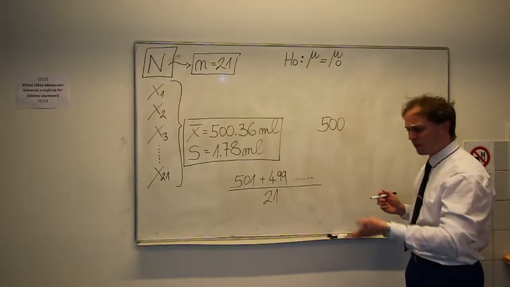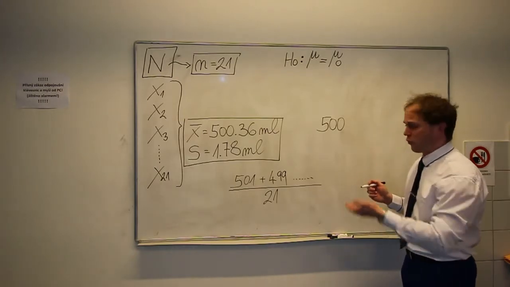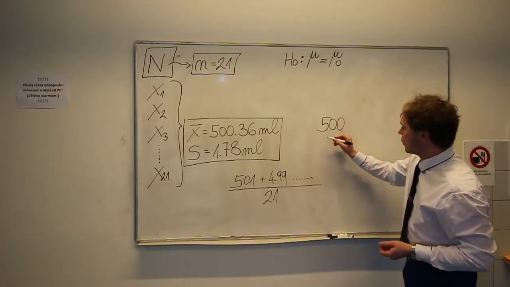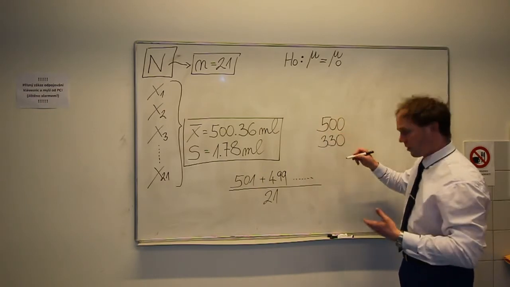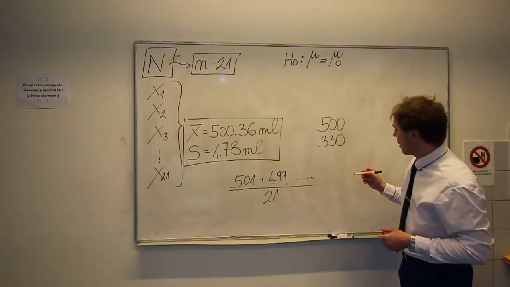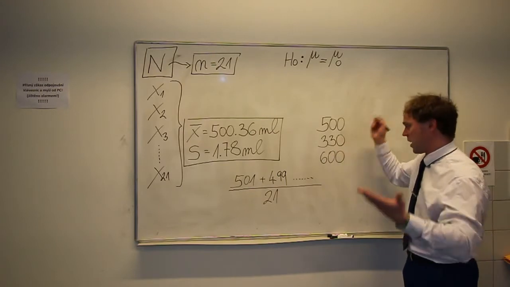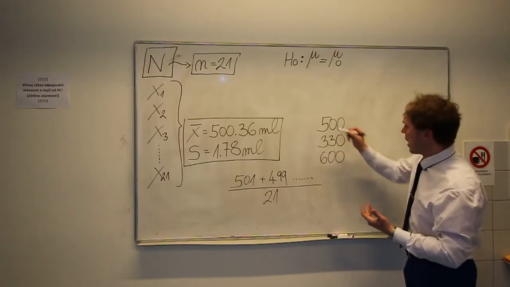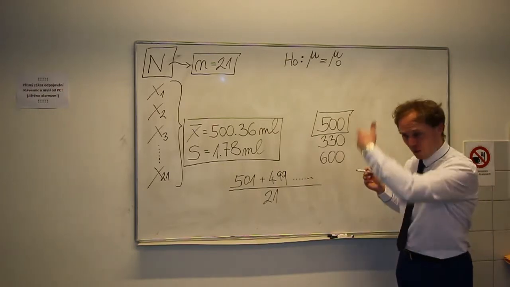In Belgium, Netherlands, France, etc., they use 330 milliliters. In Italy, 330, 500 and 600. So there are different sizes of bottles in the world.